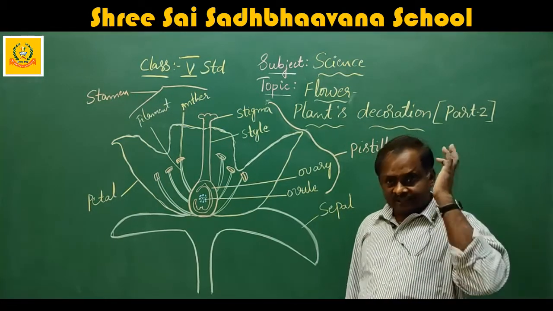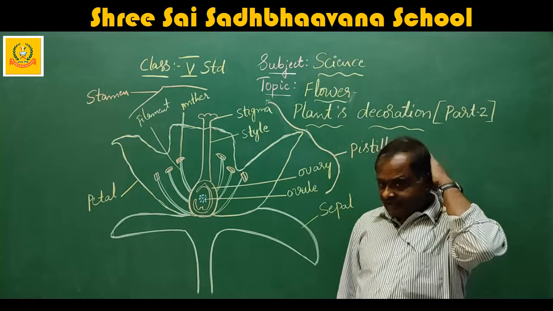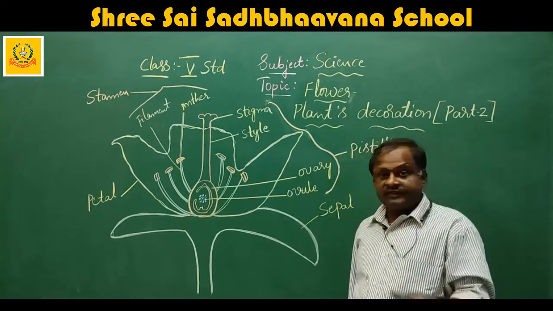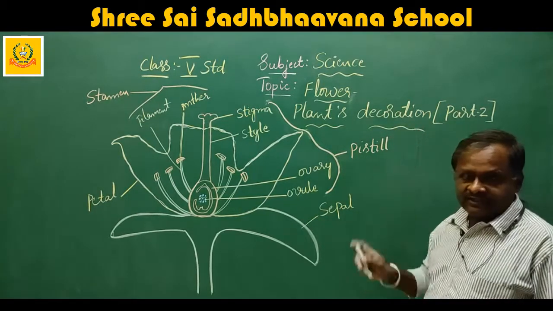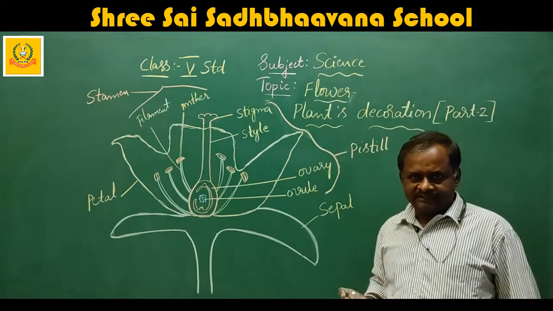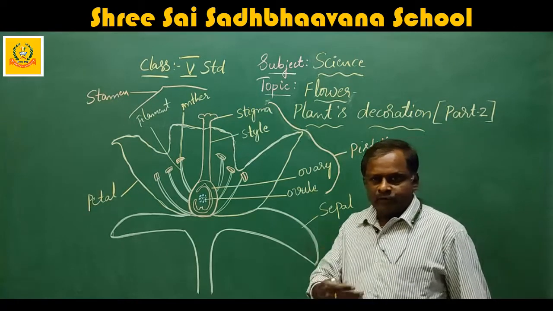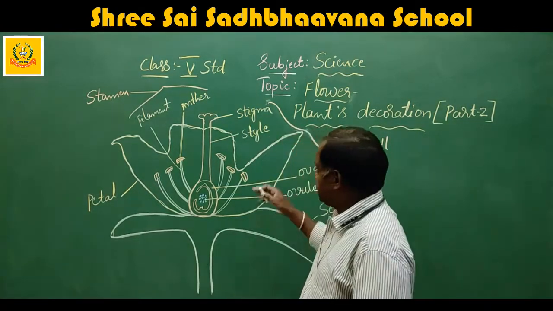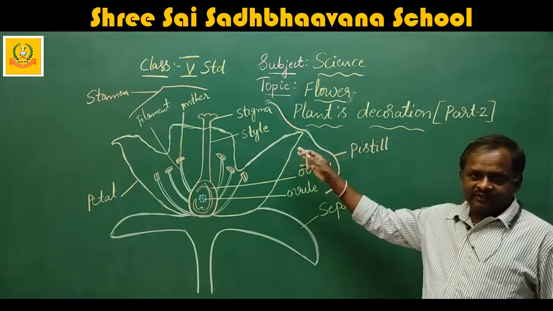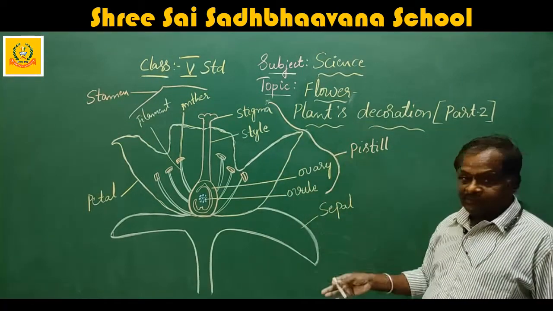In marriages, birthdays and all functions, they use flowers for decoration because of their attractiveness. We put them in the garden also. Therefore, flowers are a very important part of the plant.